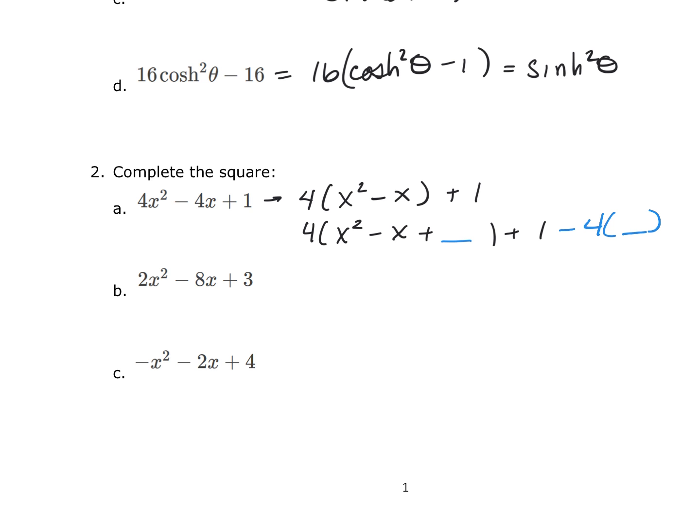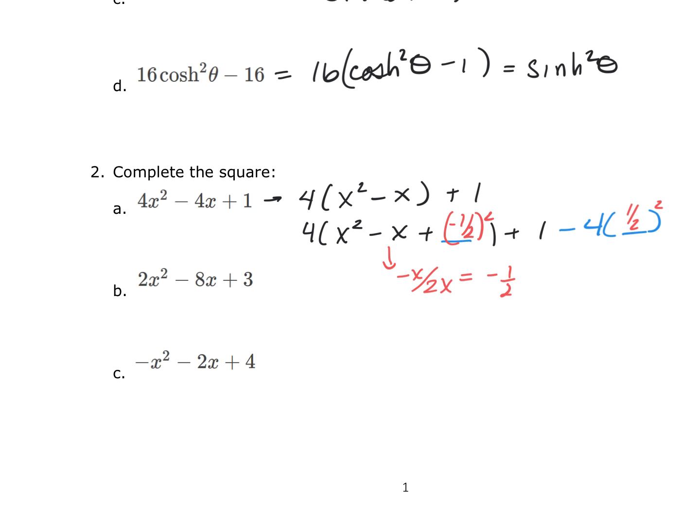The way I figure out what to add is I take this middle term, which is negative x, and I divide by 2x. You're asking me why? Well, I'll explain in just a moment. When I do that, I get negative 1/2. That's what's going to go here: negative 1/2, the quantity squared, and negative 1/2, the quantity squared here.